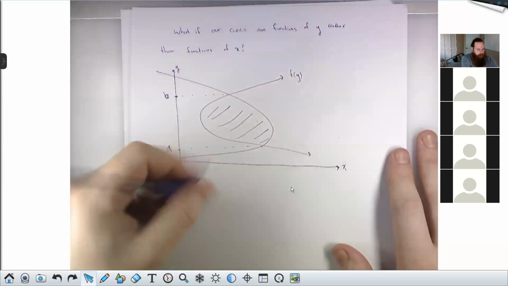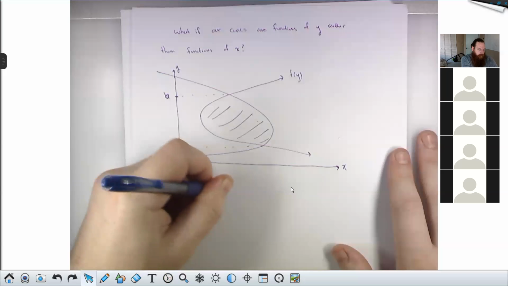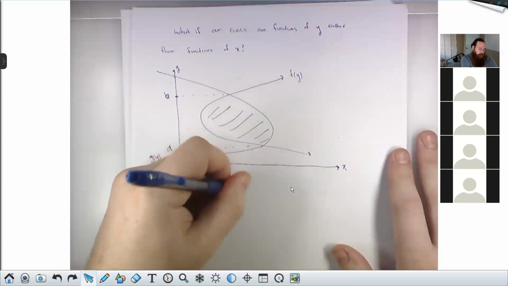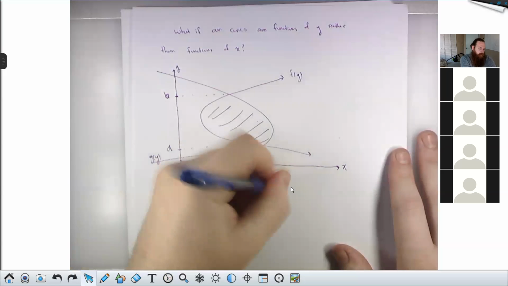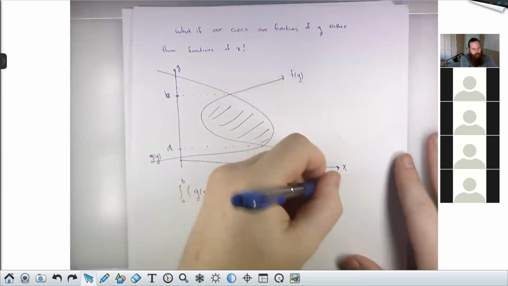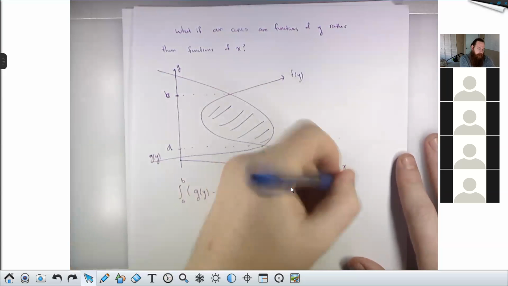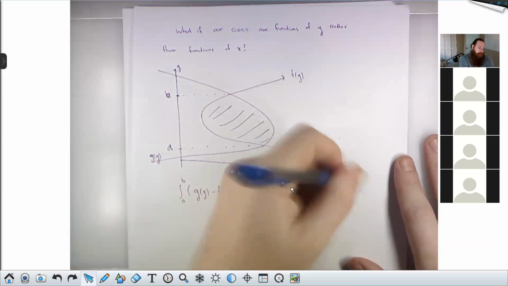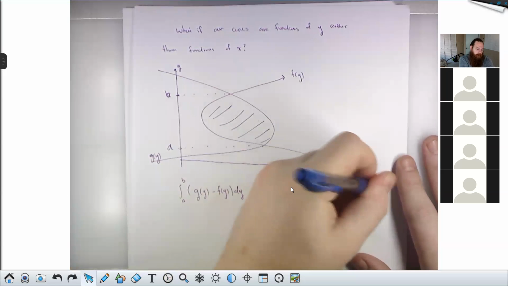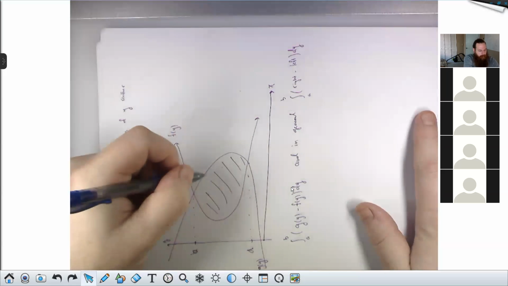It's G. And in general, you would integrate from wherever to wherever, the right minus the left. And these integrals are done dy. And if you had to draw in a little approximating Riemann rectangle, it would look like this.